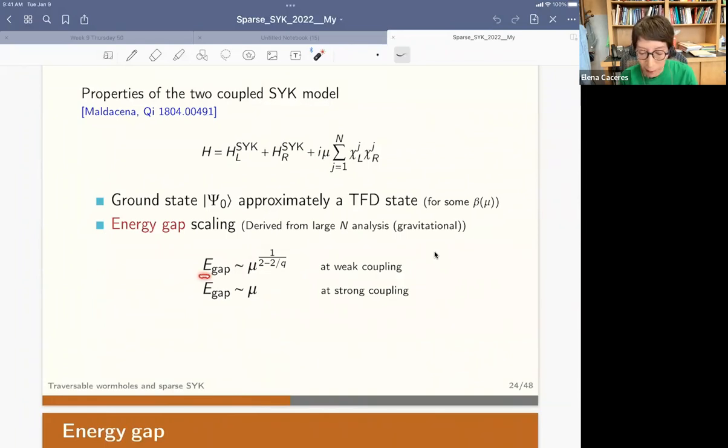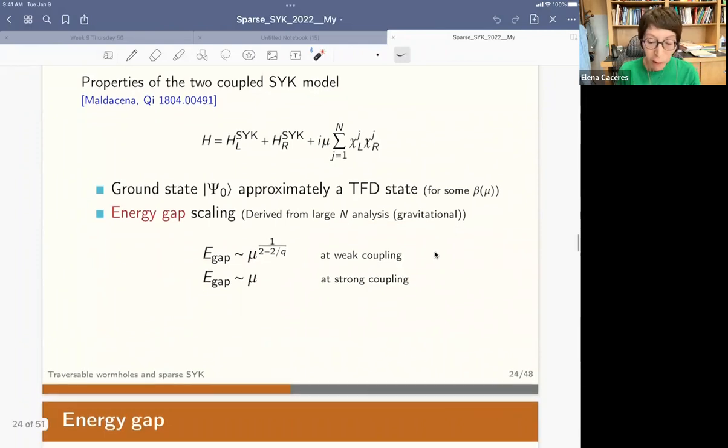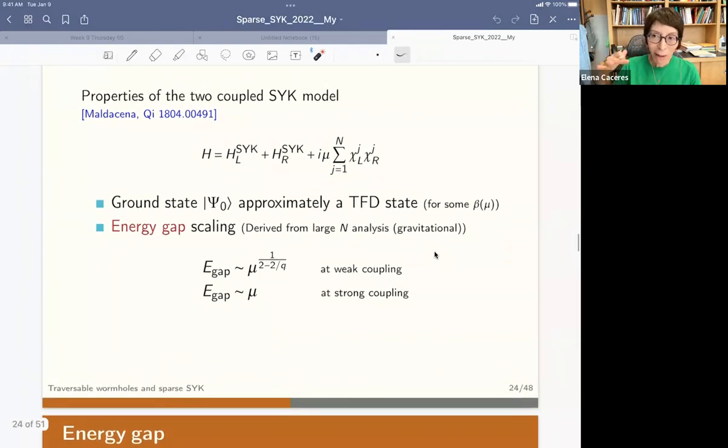And at strong coupling, it should be linear with mu. That is a result derived from gravity, and you can see in the SYK itself that it obeys that result.